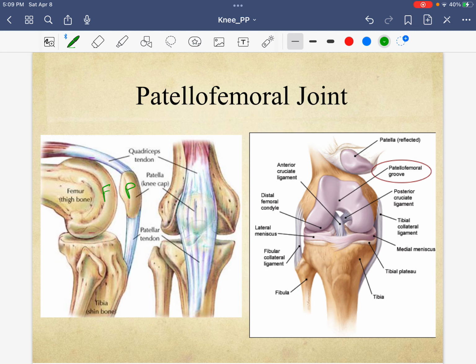These bones are not always touching. When we are in full extension, they are not touching, right? These bones begin to touch at about 20 degrees of flexion.